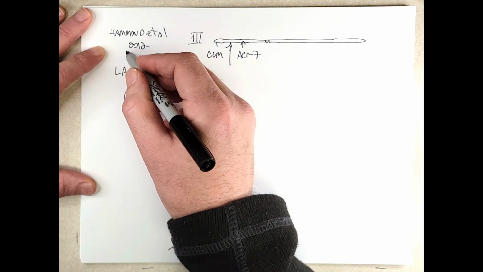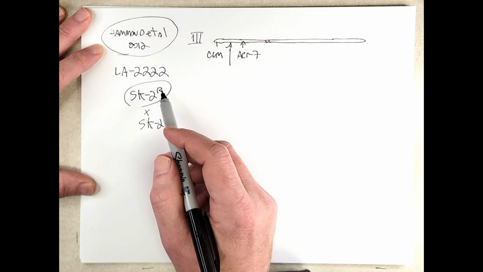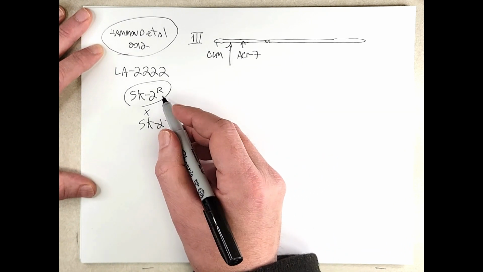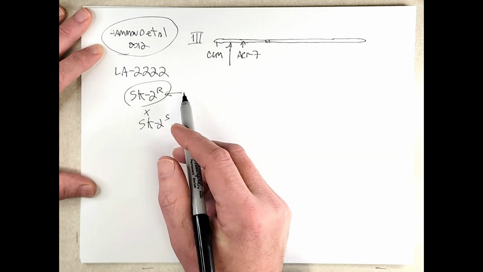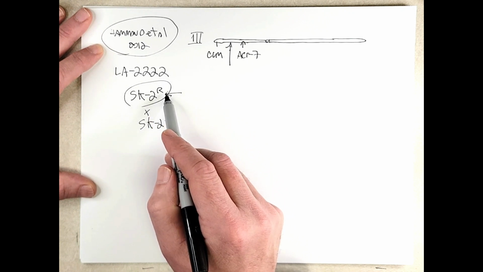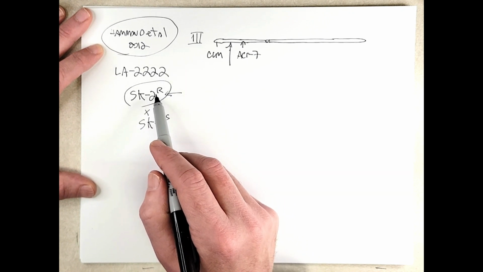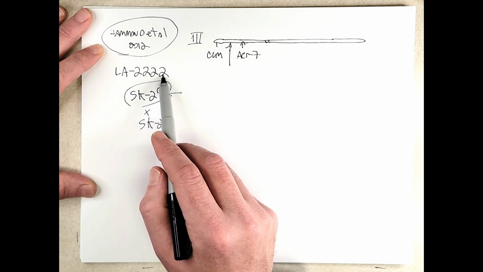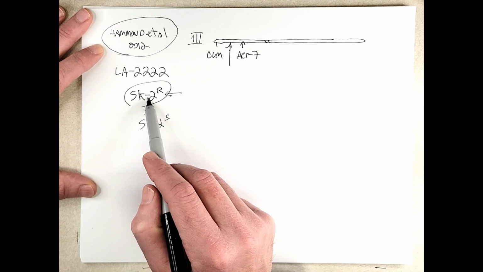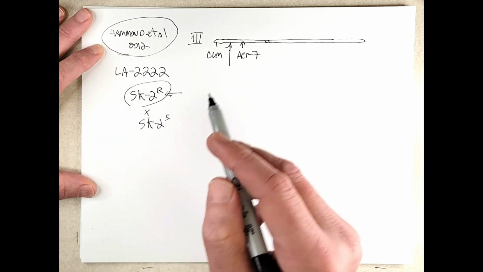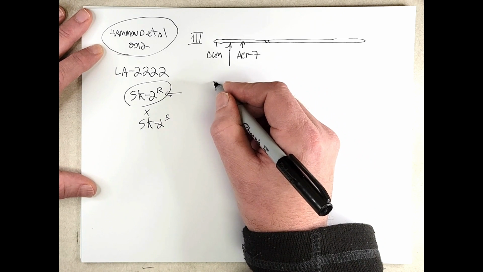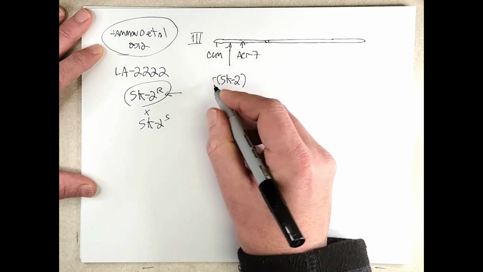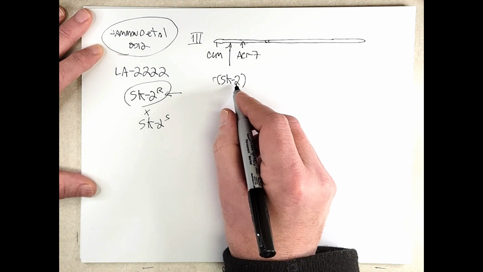And so what Hammond et al. did was they wanted to learn more about spore killing, and they thought the easiest thing to do would be to identify the gene precisely, identify its sequence, the sequence of the gene that confers resistance to spore killing by SK2, the gene that makes this strain, LA2222, have the SK2R genotype. And so that gene at the start of the study, or by previous researchers, was named R(SK2).